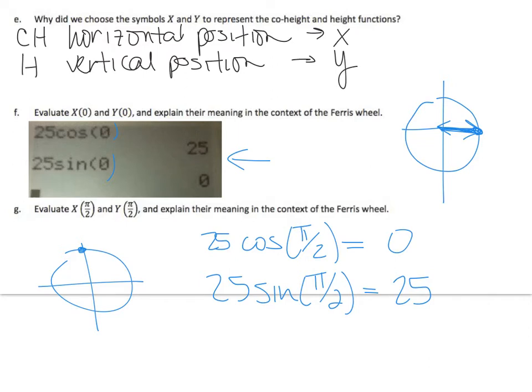Our distance for cosine is from there to there. Our distance for sine, our height, is 25, and our horizontal distance for cosine is 0, which makes sense. Crunch it in your calculator, and you're going to get the same answer.